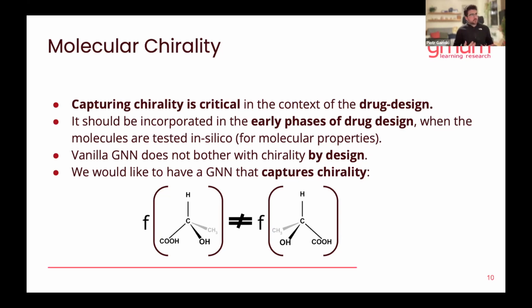We would like to have a GNN that actually captures chirality, which more or less means that we want it to output different properties, different scalars, for enantiomers, for chiral molecules that are mirror images of each other.